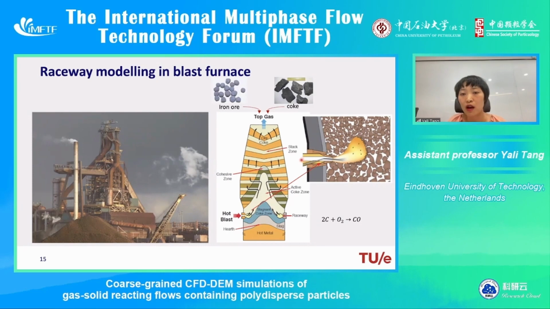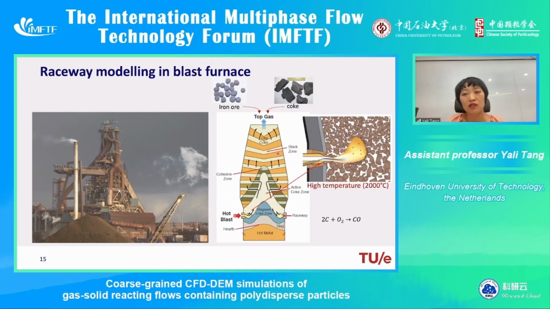So the hot air is blasted into the coke bed together with injection of pulverized coal, and due to the blast gas, this creates a void which is called the raceway. The formation and evolution of this raceway, and also the thermochemical performance inside the raceway, is very important for the entire furnace operation.